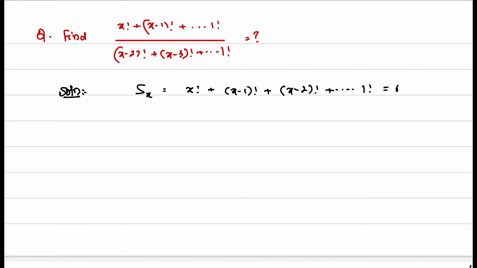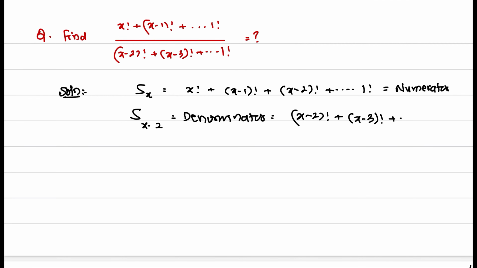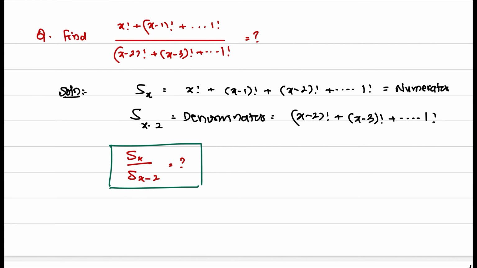And let Sx minus 2 be the denominator, equal to factorial x minus 2 plus factorial x minus 3 plus up to factorial 1. Then what we are going to find? The question is Sx by Sx minus 2 is equal to how much? This is the question.